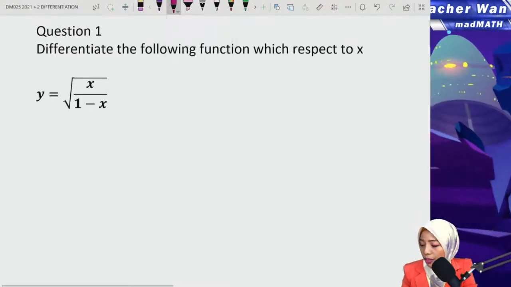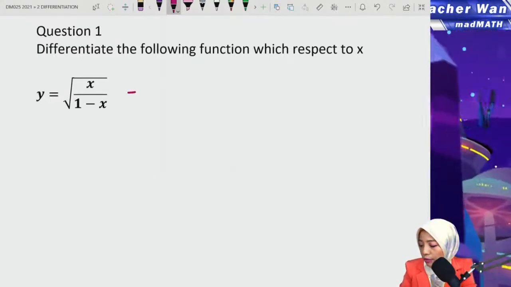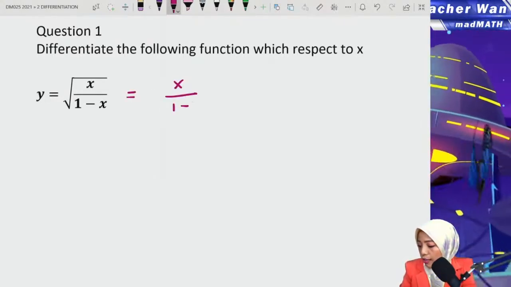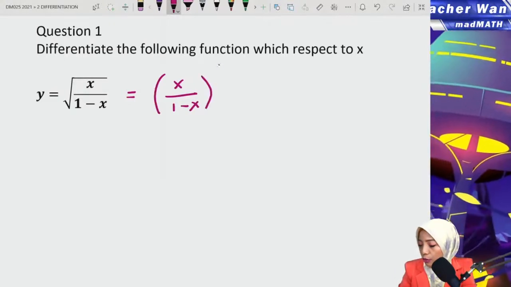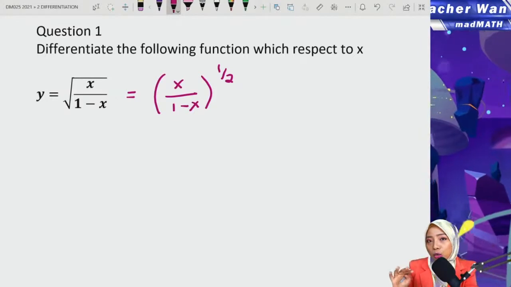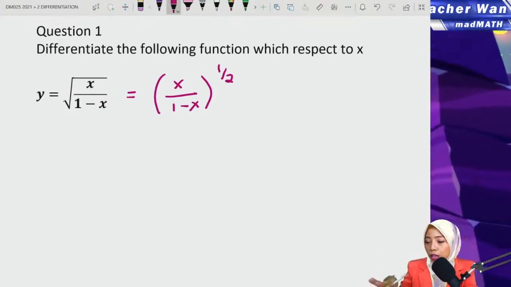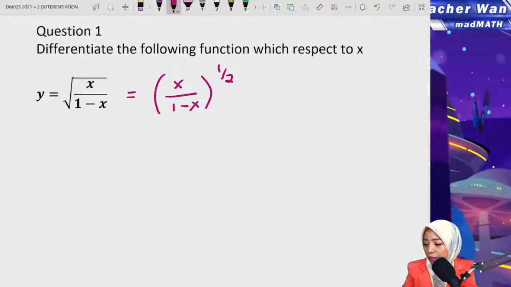So the surd is equal to the power of 1 over 2. We will write down x over 1 minus x, to the power of 1 over 2. It's up to you whether you want to separate the surd top and bottom, but I prefer to use the chain rule.